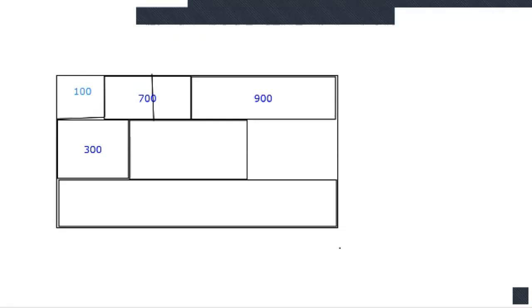But instead of doing that, what is done? It partitions 700 MB into two parts, 400 and 300, which leads to wastage of memory space, since partitions waste memory area.